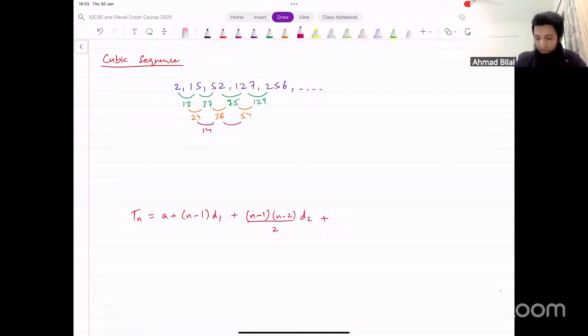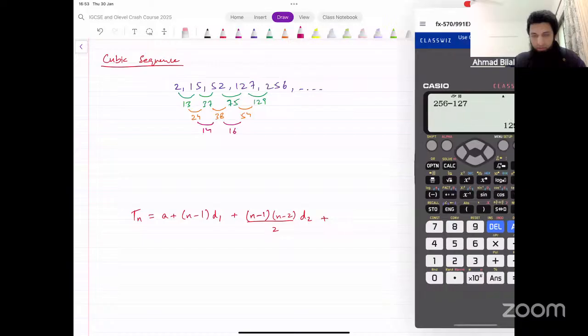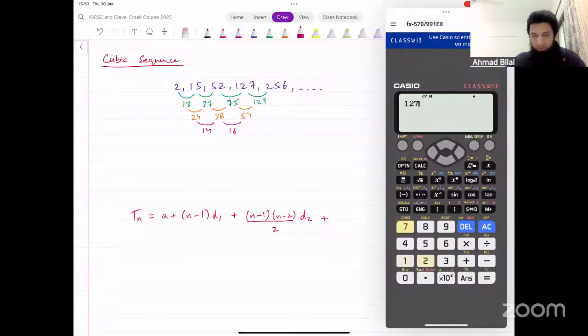And this is 16. Okay, can you figure out what the issue might be? Because the third difference is not turning out to be constant. 13, then 37, that is fine. 127 minus 75, can anyone spot a careless error anywhere here? 127 minus 75, that is 52, that's fine.